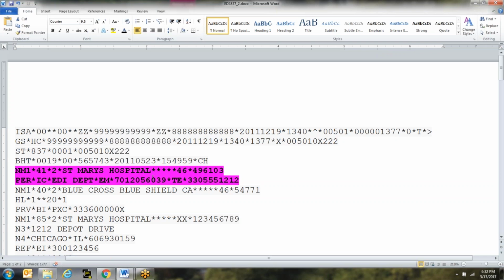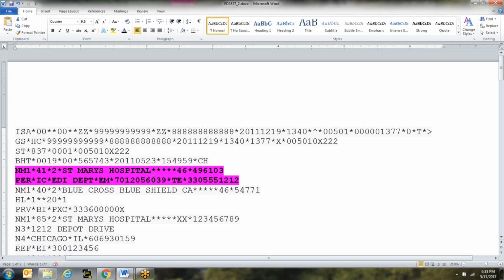Why did she go to this hospital? If she goes to this hospital, health insurance is not going to pay for it. Like my plan. I have a cheap plan, guys. I cannot go to Stanford Hospital for my treatment. The insurance company is not going to pay for it. Because the moment I send my bill, even though I have active coverage, even though it's an EDI file, it's coming from the right provider, it's going to the right payer, everything is fine.